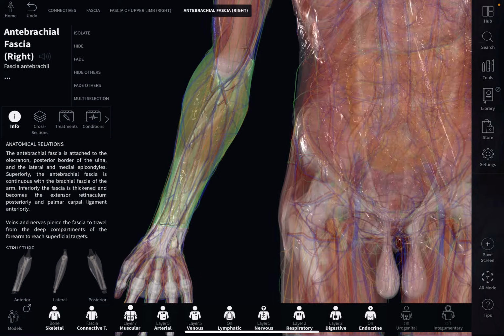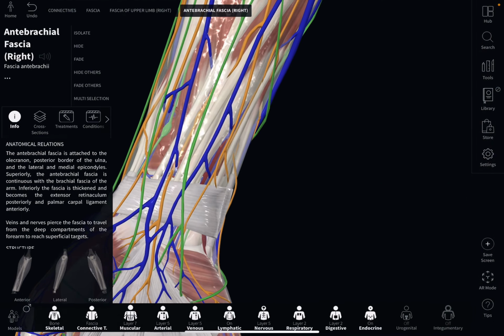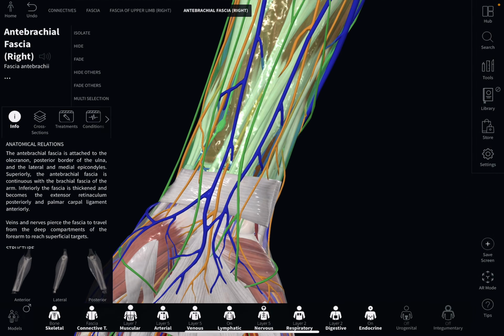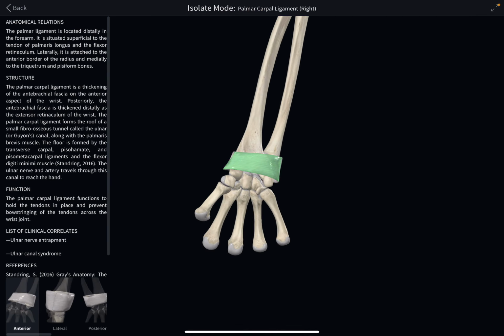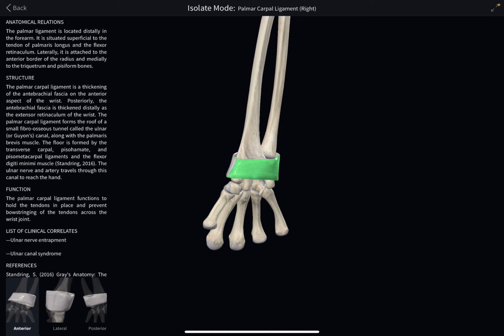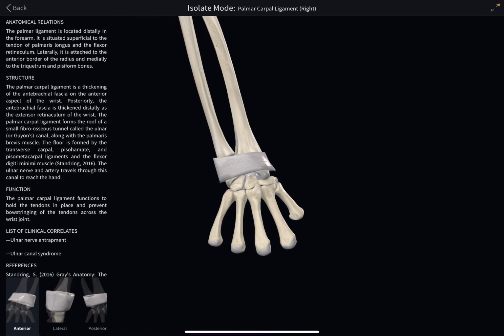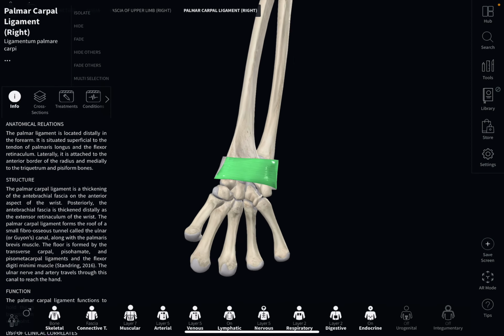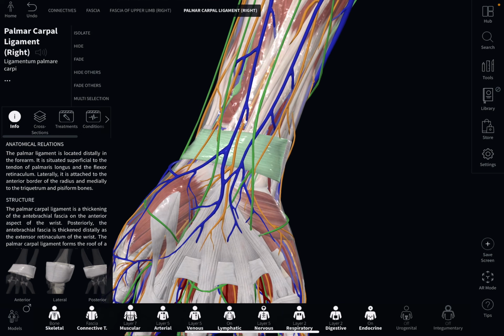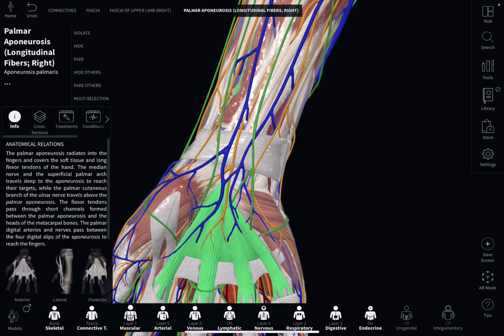And the same fascia is thickened here in front of the wrist to form the flexor retinaculum, which is attached to the carpal bones. Similarly, on the back, there is this thickening of the deep fascia of the forearm known as the extensor retinaculum. And this fascia distally becomes continuous with the fascia of the hand.